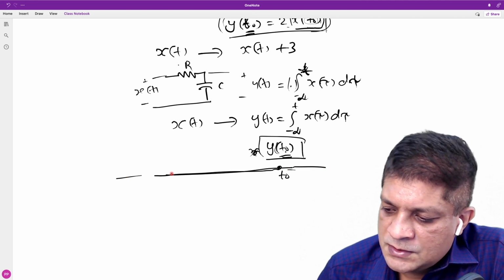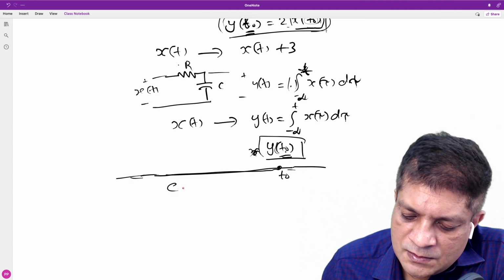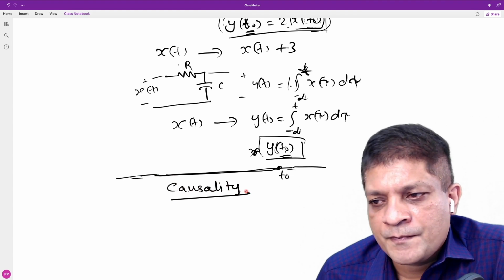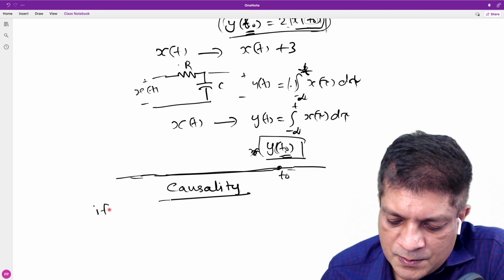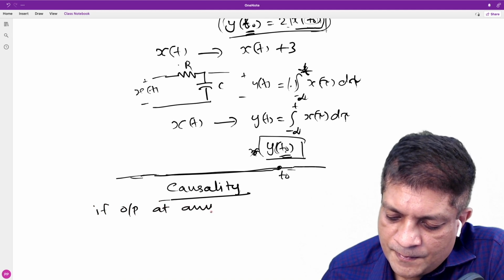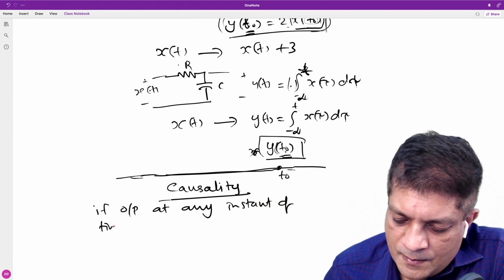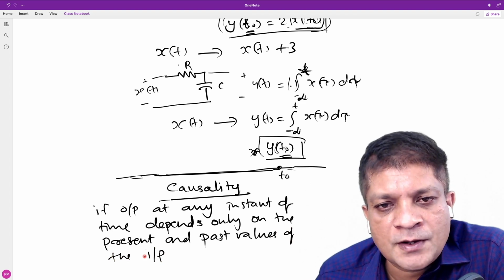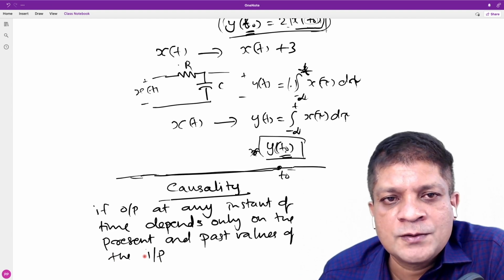The second property that is also related to the memory of the system is called causality. A system is said to be causal if the output at any instant of time depends only on the past and present values of the input.